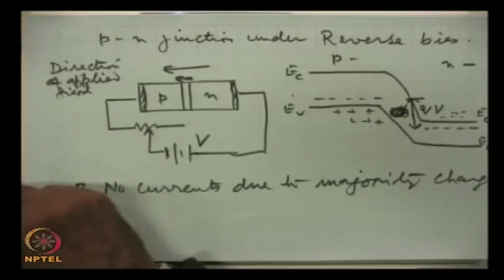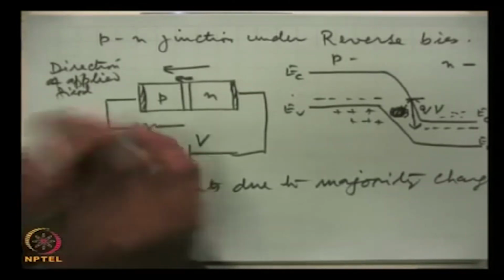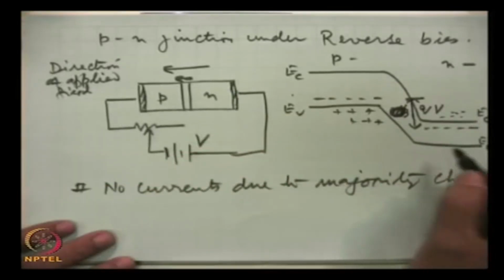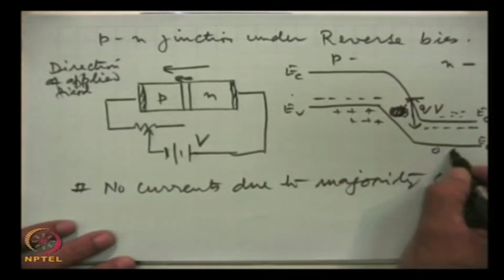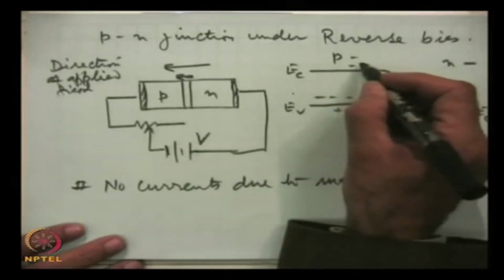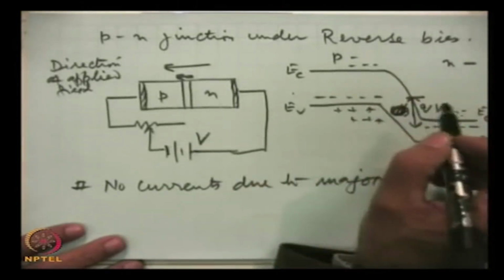But now we will bring about the minority charge carriers. In the p material, besides majority of holes, there are electrons in minority. Similarly, in n type region, there are holes in minority. That means, holes are here, but of course, they are fewer in number. Similarly, there are electrons here.